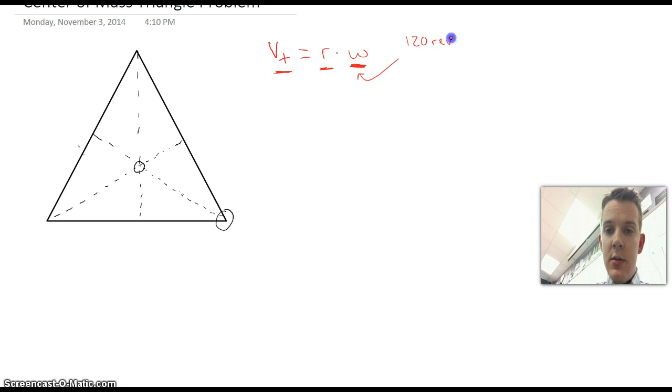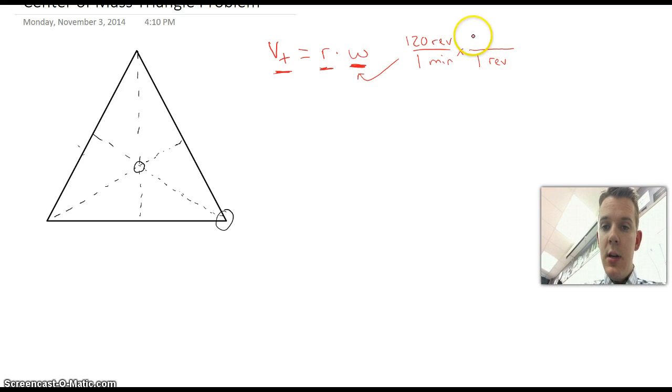Let's start by working out what that is. 120 revolutions per minute, for every 1 minute. I want to get rid of revolutions, so for 1 revolution you have 2 pi radians. And I want to get rid of minutes, so I'll put minutes on top. For 1 minute you have 60 seconds, and that's 240 pi over 60.